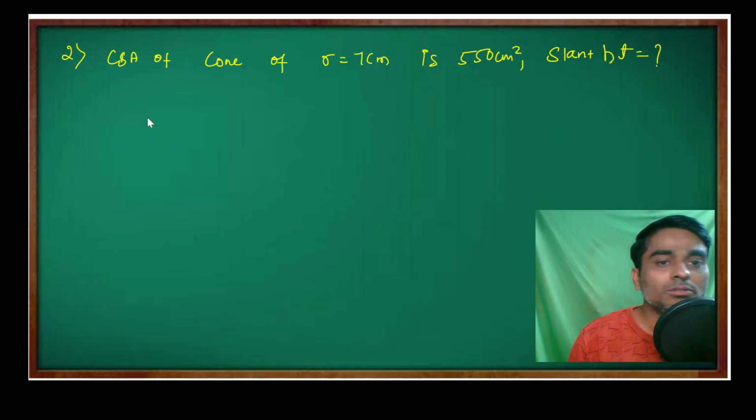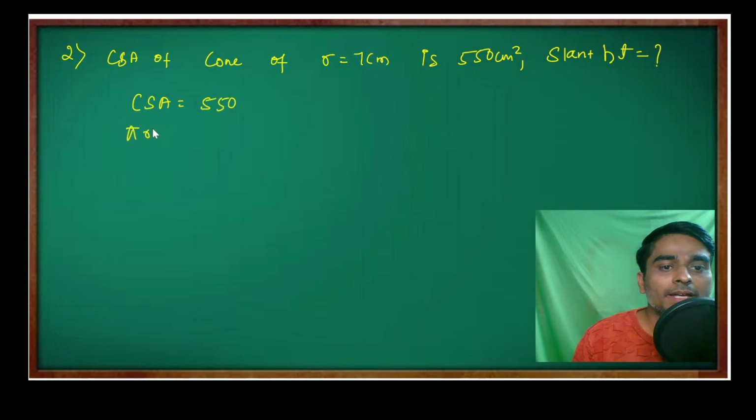Carefully, CSA is given, so we write CSA equal to 550. The CSA of a cone is pi RL. Pi RL equal to 550. Pi is 22 by 7, R is given as 7, and L is the question mark. Can I cancel 7 and 7?